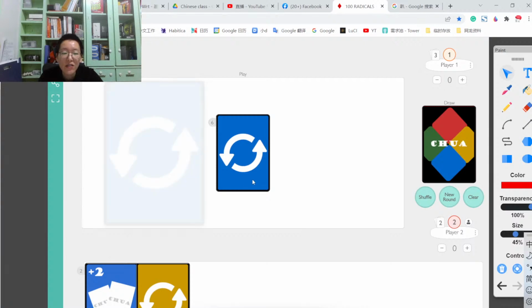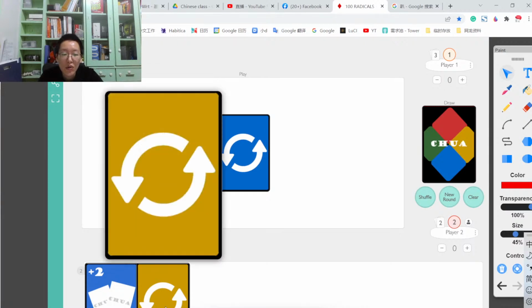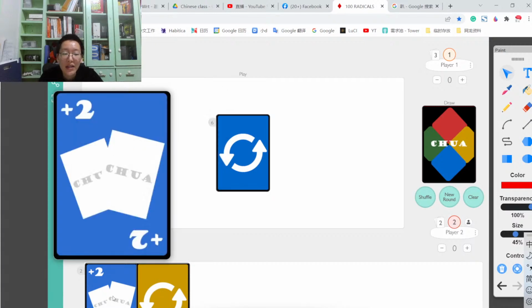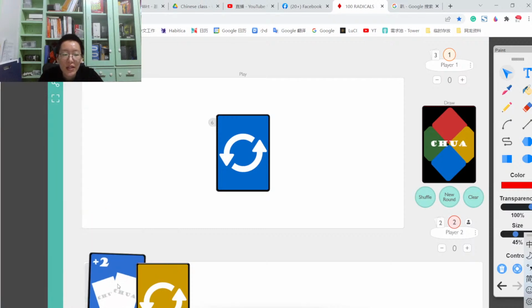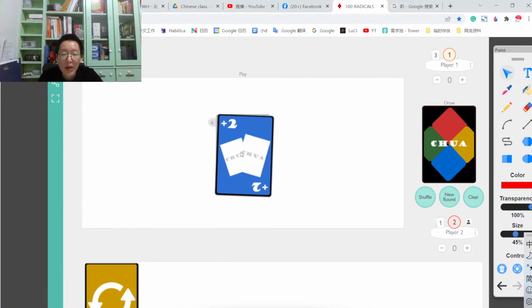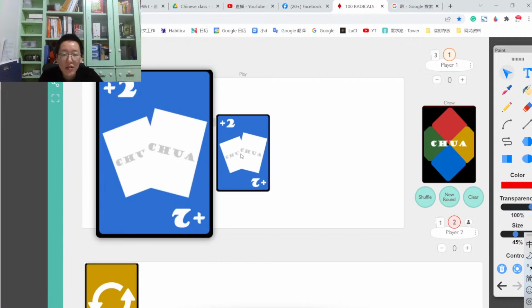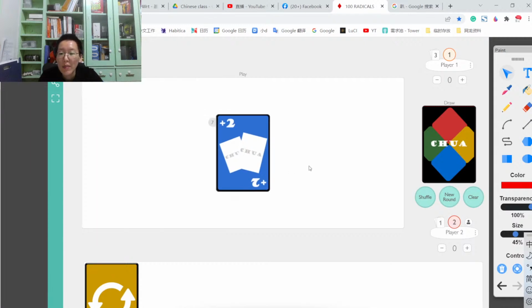Okay, so still me. I can also play the same card but a different reverse. Or I can play the same color but a different function. Okay, so I choose this one, +2. That means my opponent will be punished with 2 cards. You need to draw 2 cards.